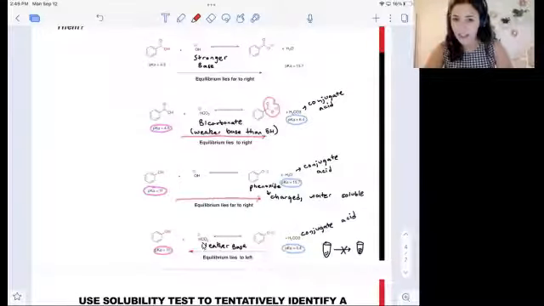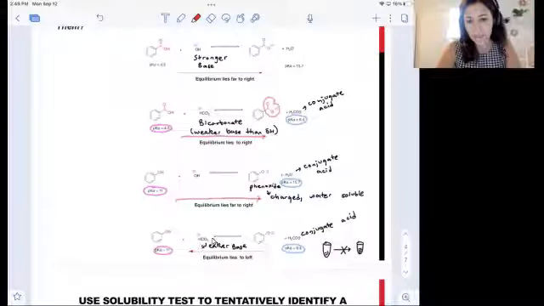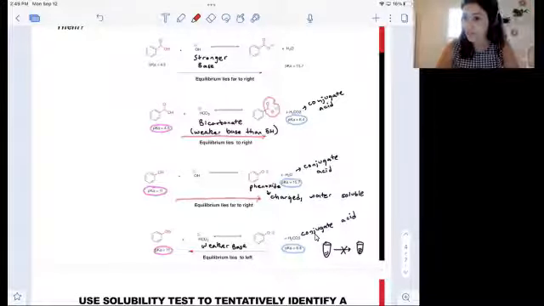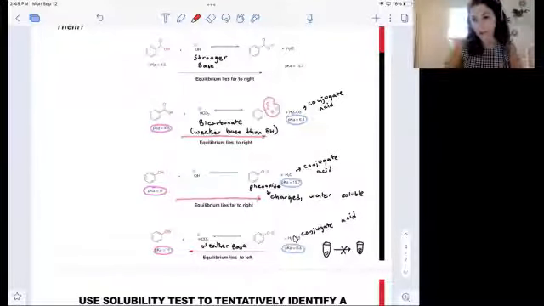Our outlier reaction on this slide is going to be the reaction of the phenol with bicarbonate. What you'll notice is when we use bicarbonate in the presence of phenol to form a phenoxide anion, we would generate carbonic acid as the conjugate acid. In this case, the carbonic acid has a pKa of 6.4. When I compare this to the pKa of 11 of the phenol, I could actually see that the carbonic acid is stronger than the phenol that I started with.